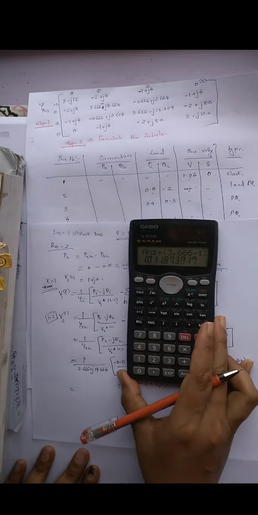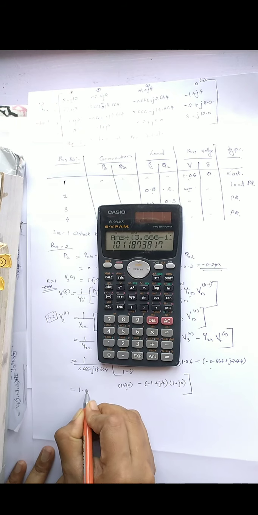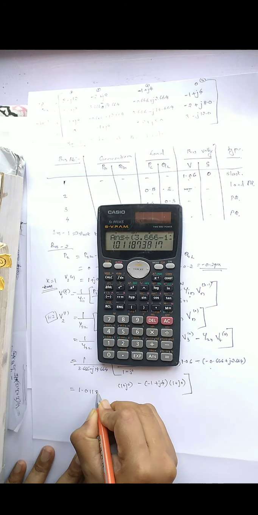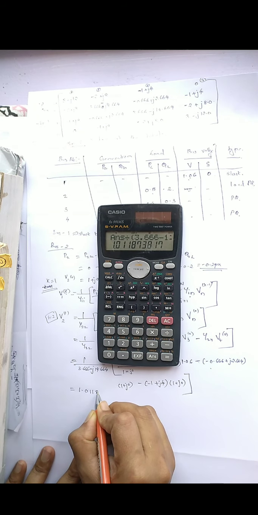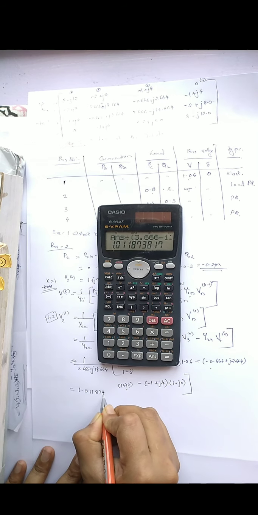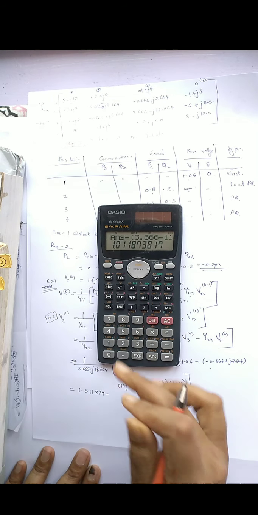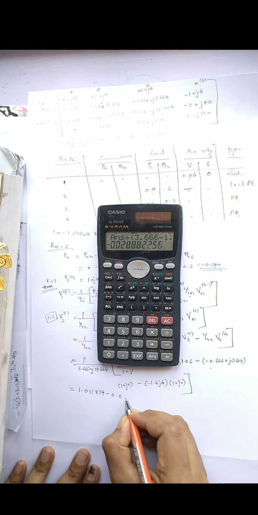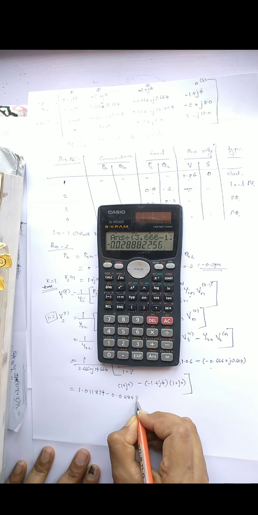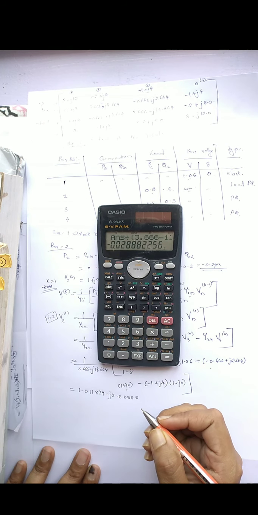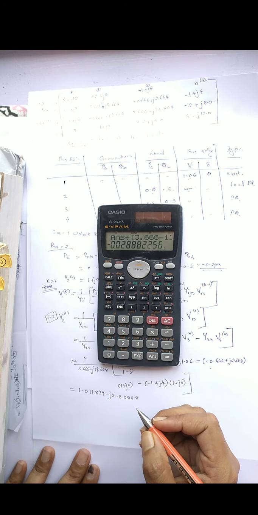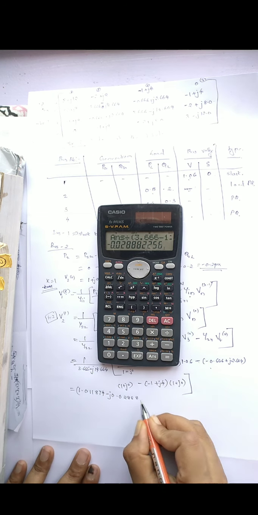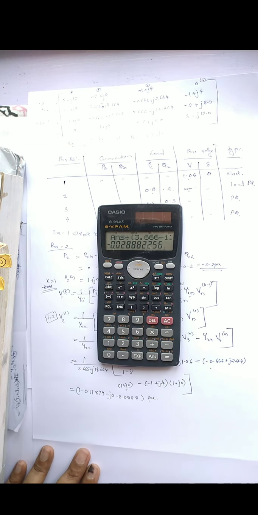So I can write my answer is equal to 1.011874 minus, then I am taking my value 0.02888 J. Okay, J 0.288. This is the value that will be in per unit value I am getting.